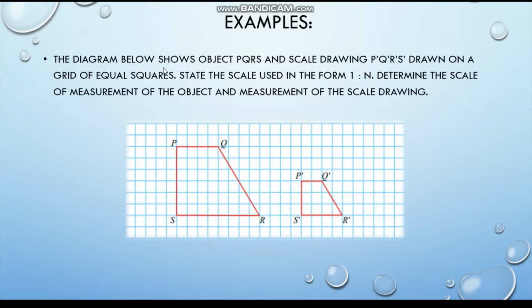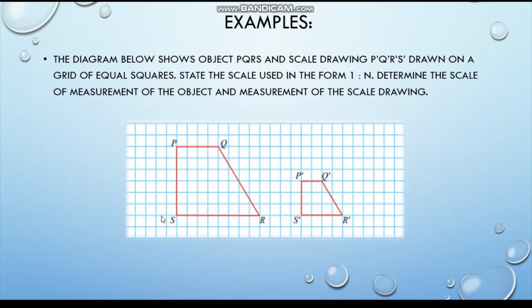The diagram below shows an object PQRS and scale drawing P prime, Q prime, R prime, S prime that has been drawn on a grid of equal size squares. State the scale that has been used in the form of 1 to n, and remember n is an integer. Determine the scale of the measurement of the object and measurement of the scale drawing.